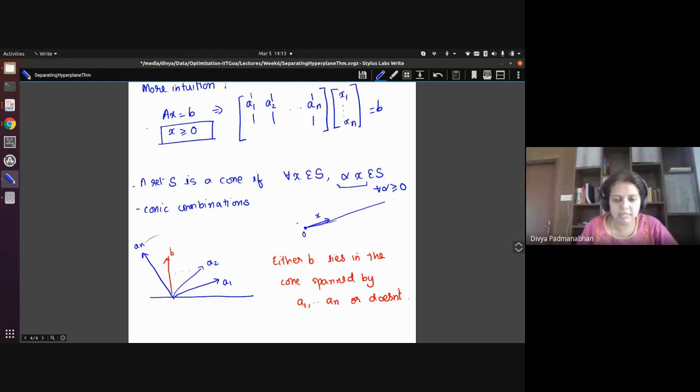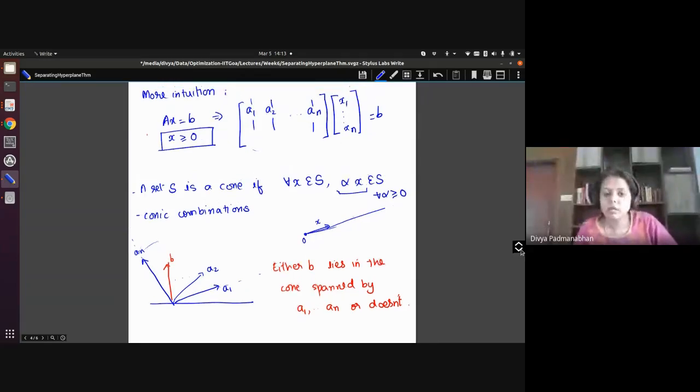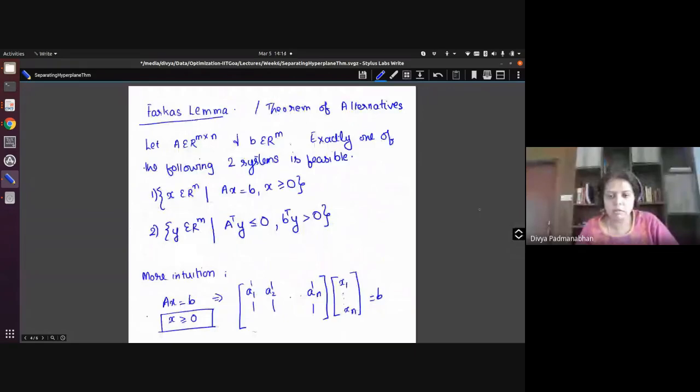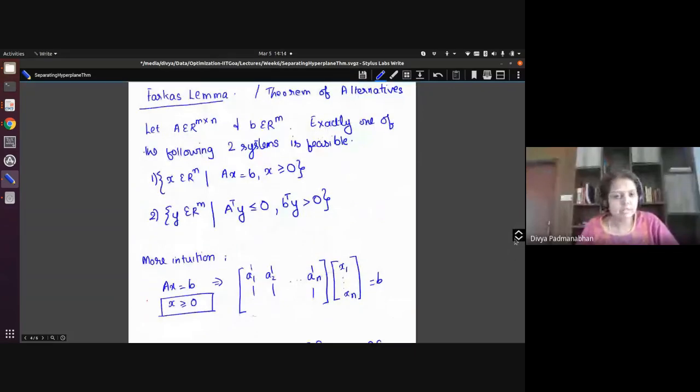It's of course an infinite space. So these are going to be the bounding points, and all the vectors in this whole space are going to be in the conic hull. This is the cone spanned by a1 to an. Now what we're saying here is B is a member of this cone. So the first system is telling you that B lies in the cone spanned by a1 to an. Is that clear?